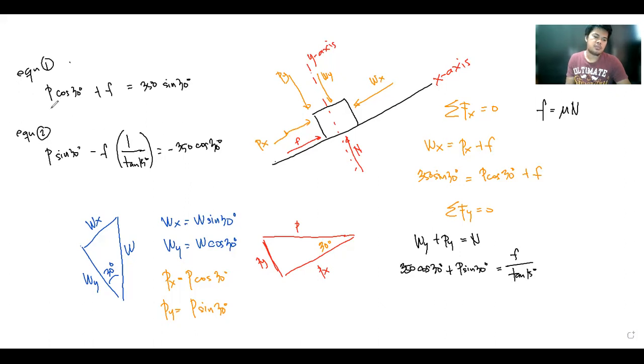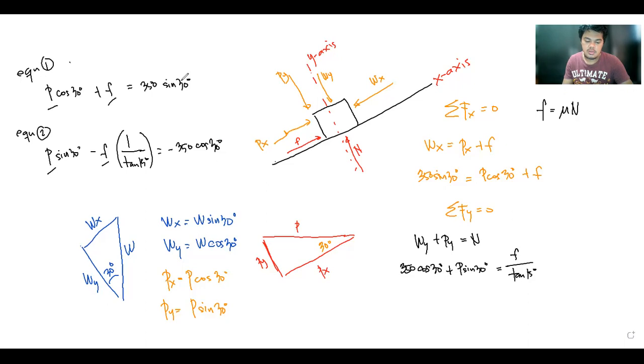Such that we have the unknowns P and F, and on the right side, the constant values. Go to your equation mode and select the function in your calculator which can solve two equations with two unknowns. Of course, make sure that your calculator is in radian mode.